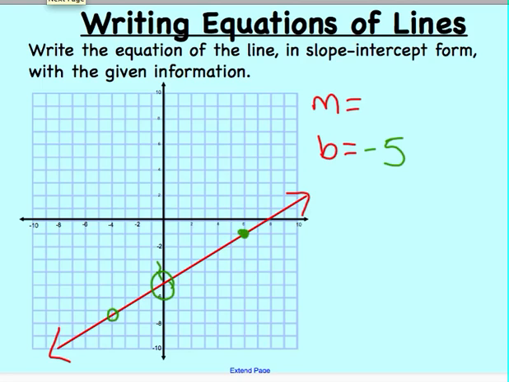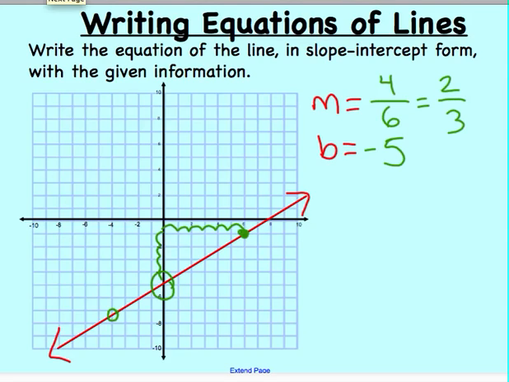So I want to find the slope, so I'm going to count. I'm going to go 1, 2, 3, 4 over 1, 2, 3, 4, 5, 6. So that means I went up 4 and right 6. Well, this could also be 2 over 3.